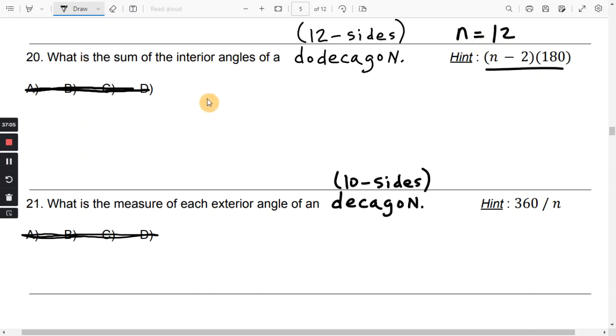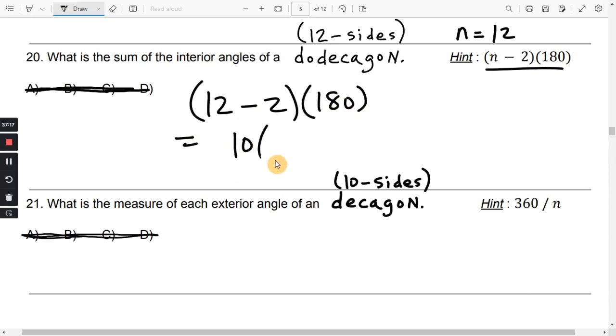N is 12, so that's going to be 12 minus 2, parentheses, times 180. Okay, 12 minus 2 is just 10 times 180. And that's going to be 1,800. Okay, and that's in degrees.